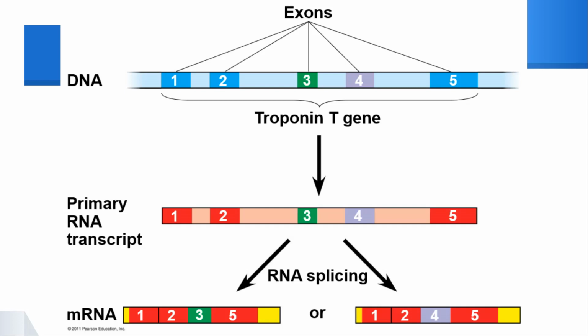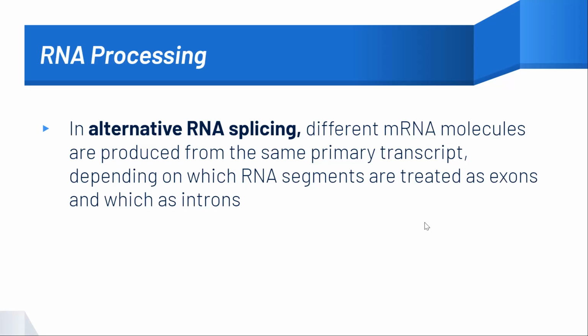But if you take 1, 2, 3, and 5, you're going to get a different protein. Or if you take sections 1, 2, 4, and 5, you're going to get another different protein. So how we cut and paste and put together those exons, we can actually get different proteins being produced. And that process is called alternative RNA splicing.